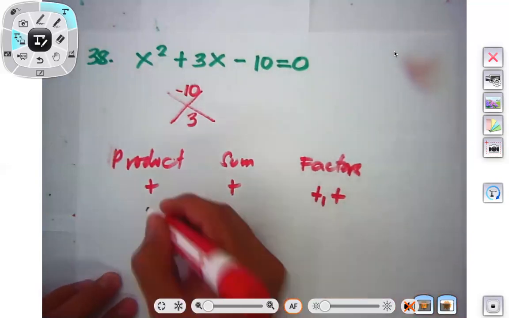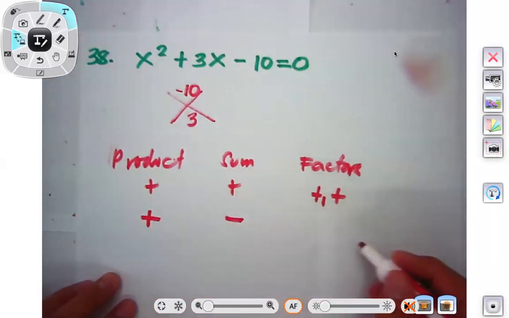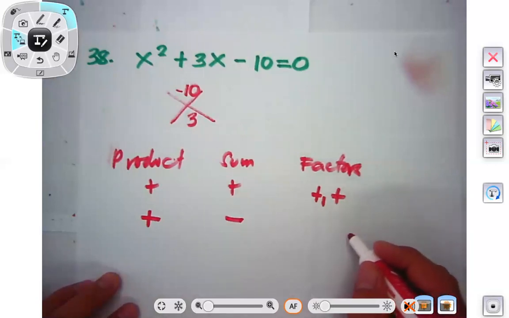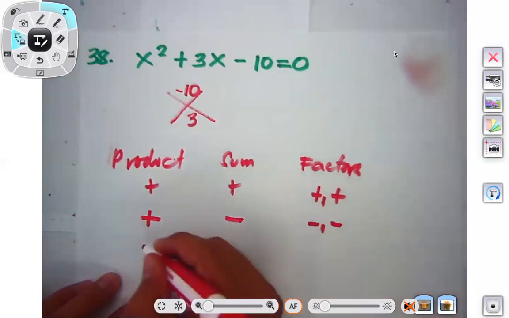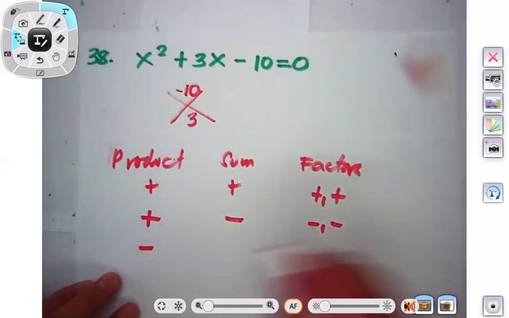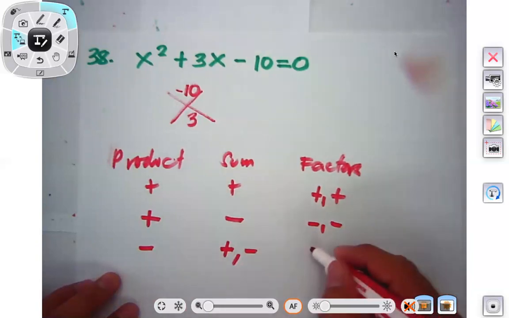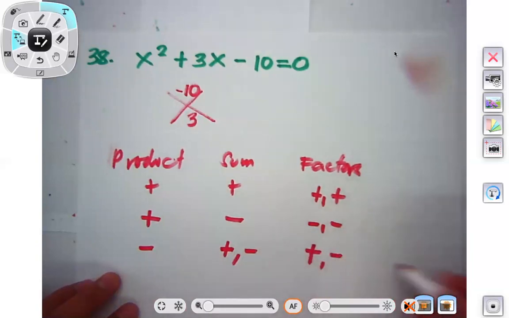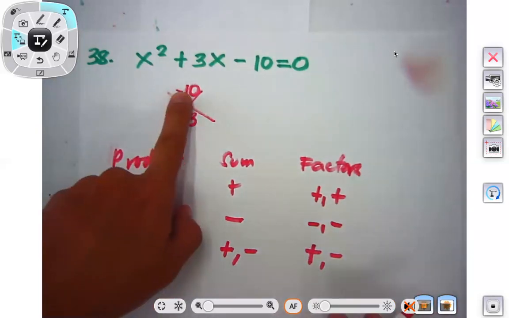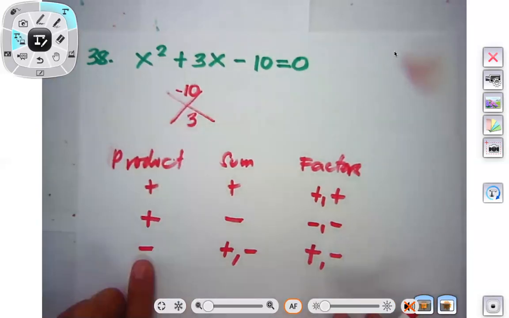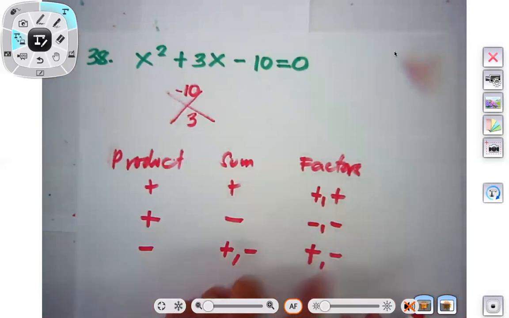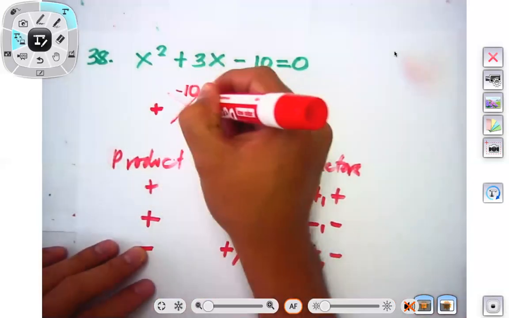What if the product is positive but the sum is negative? Negative, negative. If it's a negative product, the sum can either be positive or negative, and your factors can be positive, negative, or negative, positive. So which case is this? A negative product, so it is positive, negative.